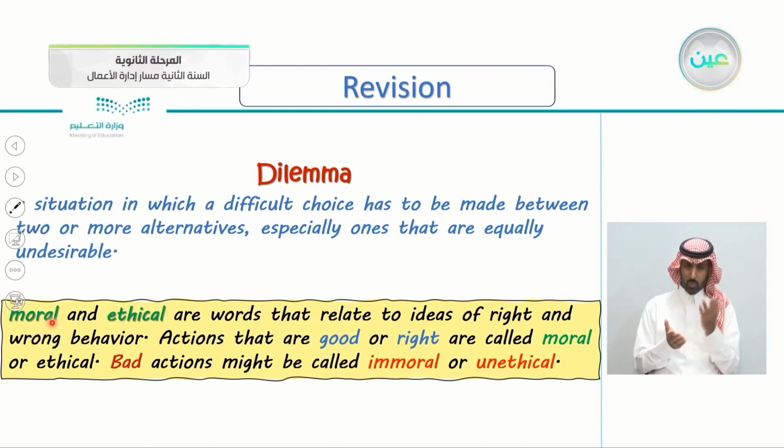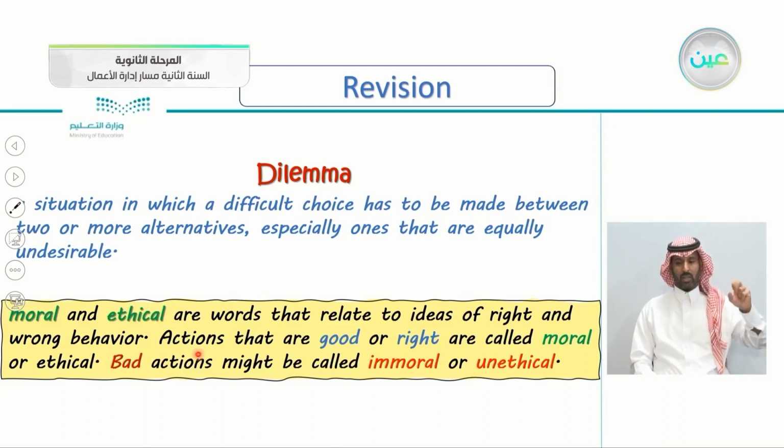We also talked about moral and ethical. Moral and ethical are words that relate to ideas of right and wrong behavior. Actions that are good or right are called moral or ethical.